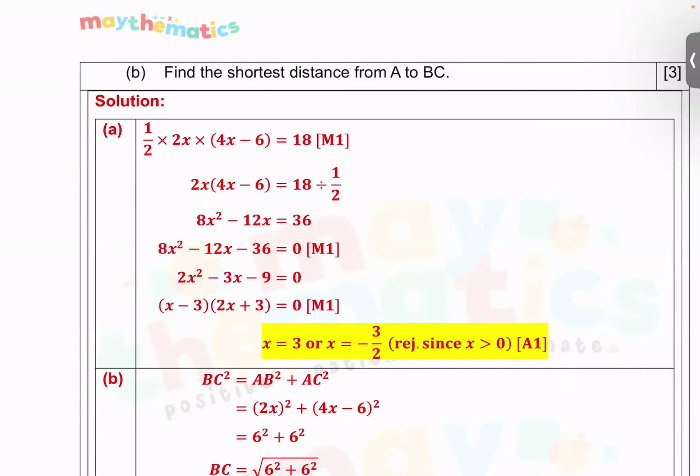Equals to 18 now. Okay, let me go and check. Yeah, check for a while. Oh, come out already. Okay.